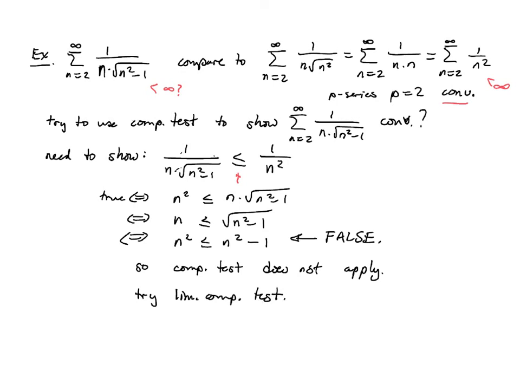And again, we're going to use the same series, so we're going to compare this one with this one, but we're going to do the comparison with the limit style instead of the inequality style, which we'll do on the next page.